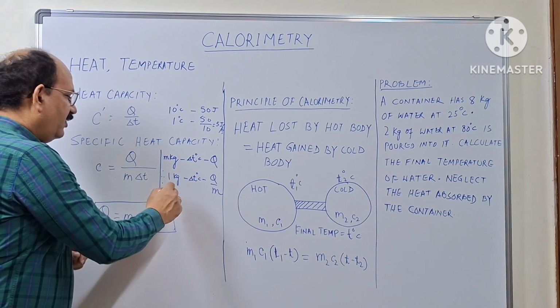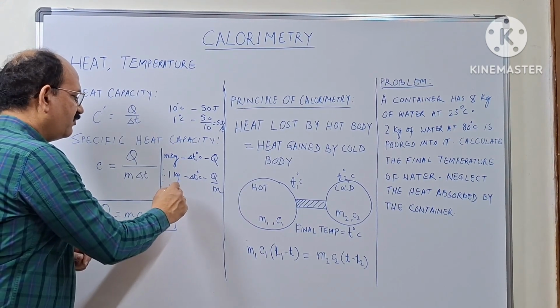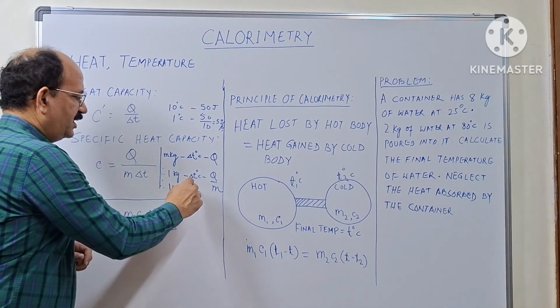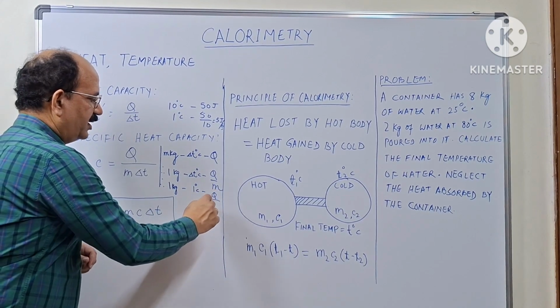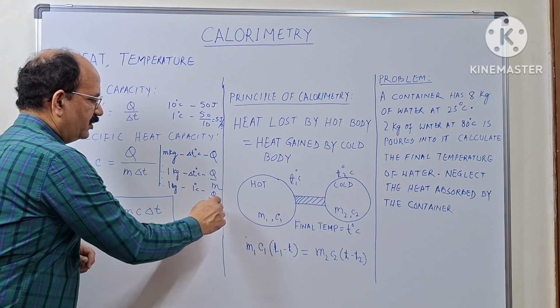And if I want that 1 kg of mass and that temperature to be changed by 1 degree Celsius, then again by unitary method it will be Q upon m into delta T.